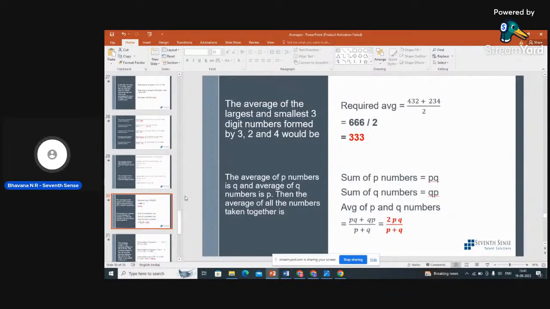Now see here. The average of the largest and smallest numbers formed by the digits 3, 2 and 4 would be what?